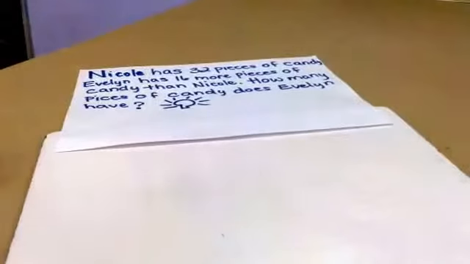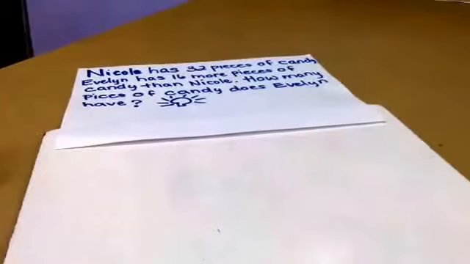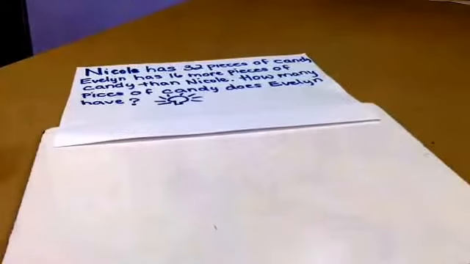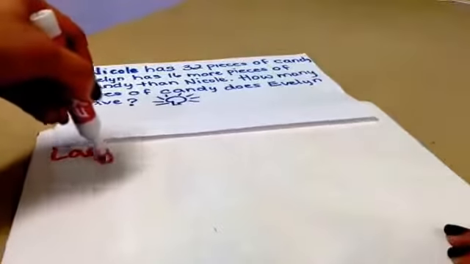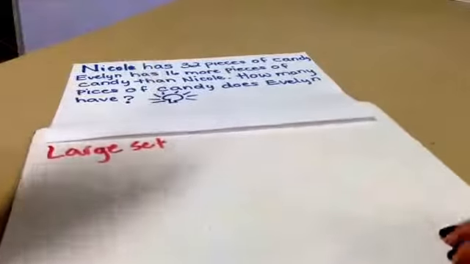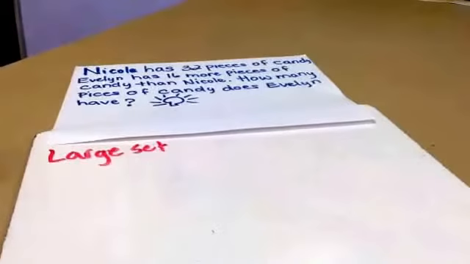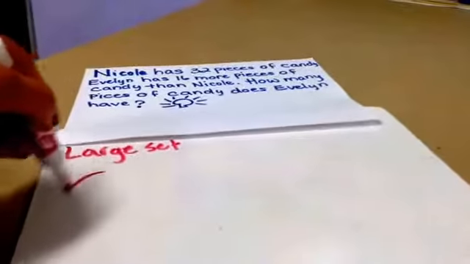So what we're going to do is leave this over here. So we are saying that Nicole has 30. In this problem, we have a large set that we don't know.